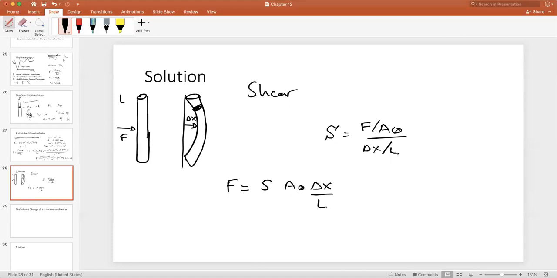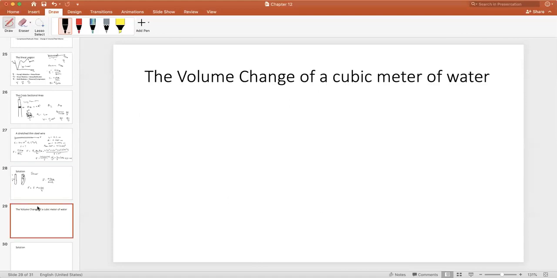Nothing too major. Lastly, we have compression, and this is known as hydraulic stress, or compression. It's the volume change, it's the bulk modulus. And the bulk modulus is the pressure, which is still force over area, divided by the fractional volume change, okay?